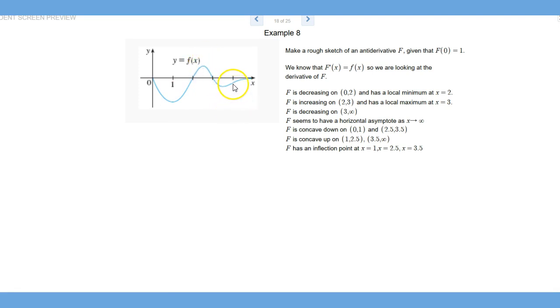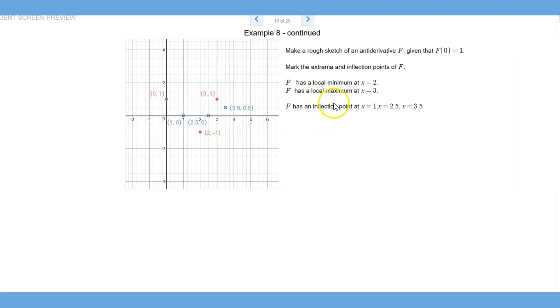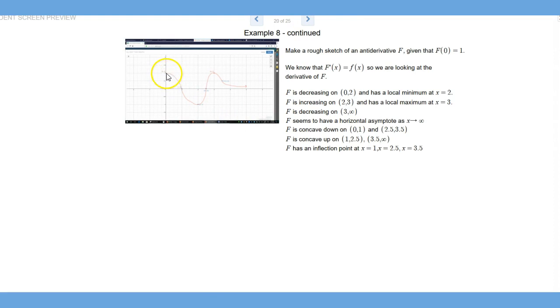And we see that the derivative here looks like it goes to 0, so capital F is going to have a horizontal asymptote as x goes to infinity. Again, we've seen things like this before. You mark the maxes and mins, you mark your inflection points, and then you sketch your graph.